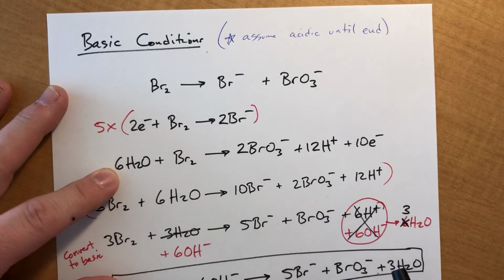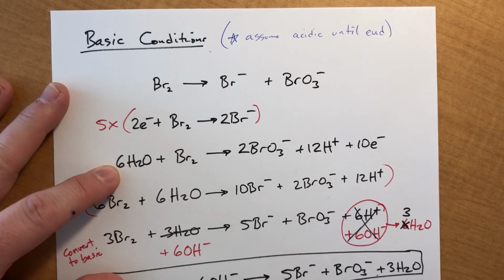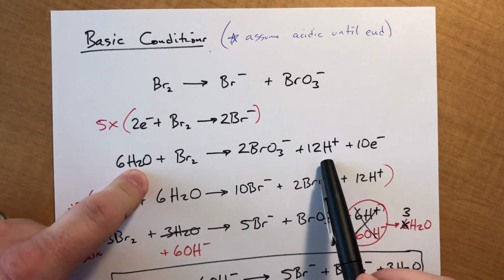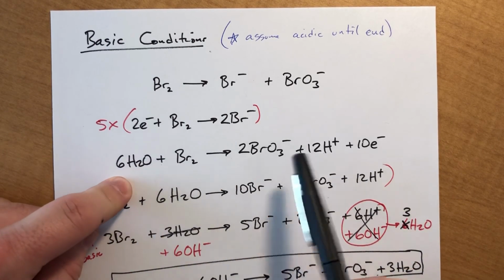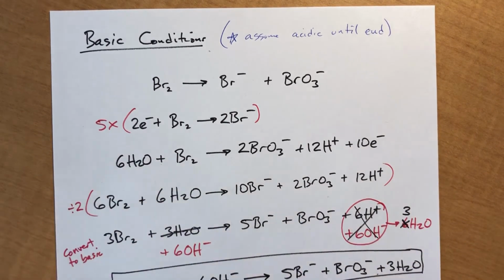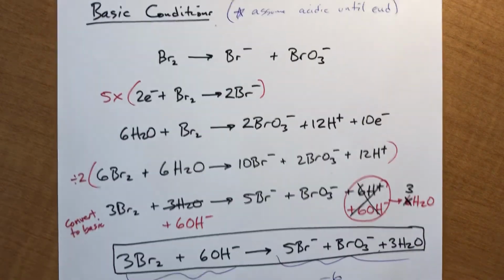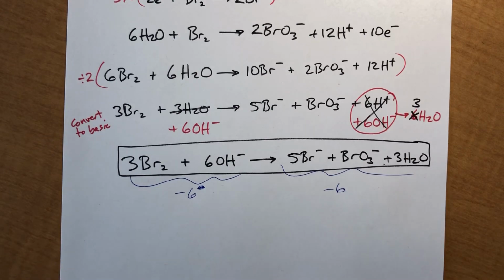There's no easy, good, consistent way to tell. Under acidic conditions, it's really clear cut. If you need oxygens, water is the only option. If you need to cancel out hydrogens, H plus is the only option. And then converting it at the end seems simpler to me than having to trial and error your way through it. Okay, all right, thank you.